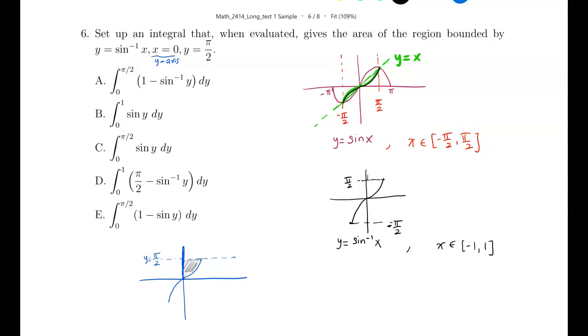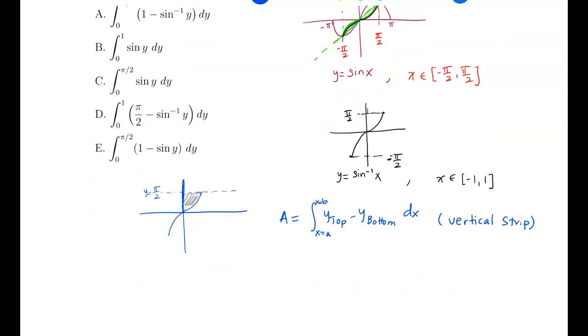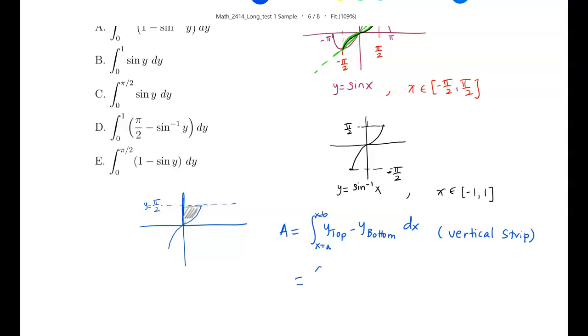Okay. So we want to just set up the integral that gives the area. Area is just y at the top minus y at the bottom dx. x runs from a to b. That is when you are using a vertical strip. If you're using a horizontal strip, it will be x right minus x left.